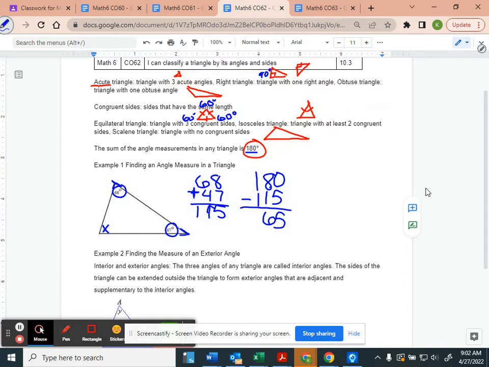So he subtracted the 115 from 180 and got 65 degrees. So angle X equals 65 degrees. And then he said to himself, I want to make sure I did that right. So I'm going to add up 65 plus 68 plus 47, and my answer should be 180. If it is, you know you did it correctly. If it's not, then you know that you have to figure something else out.